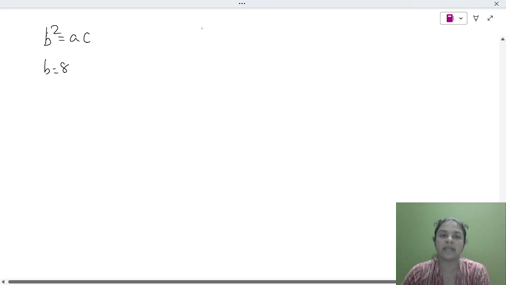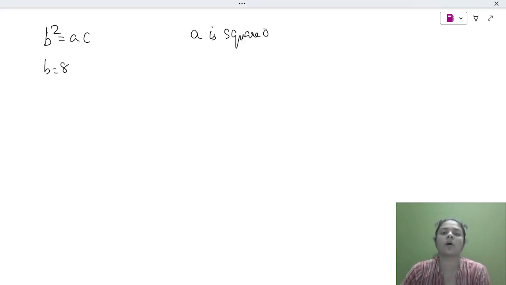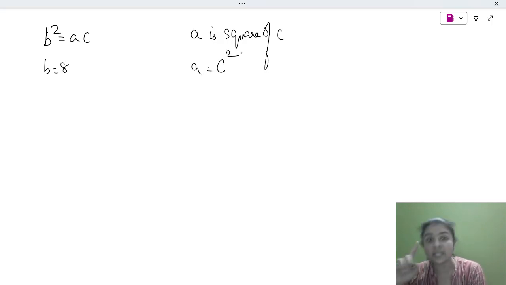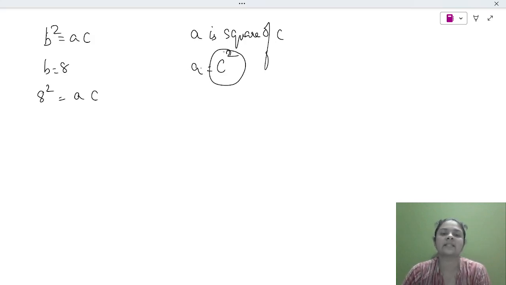The first number A is square of C. So, A is equal to C square. Remember, A is square of C. Okay. So, we can say 8 square is equal to AC, where I can write A as C square.